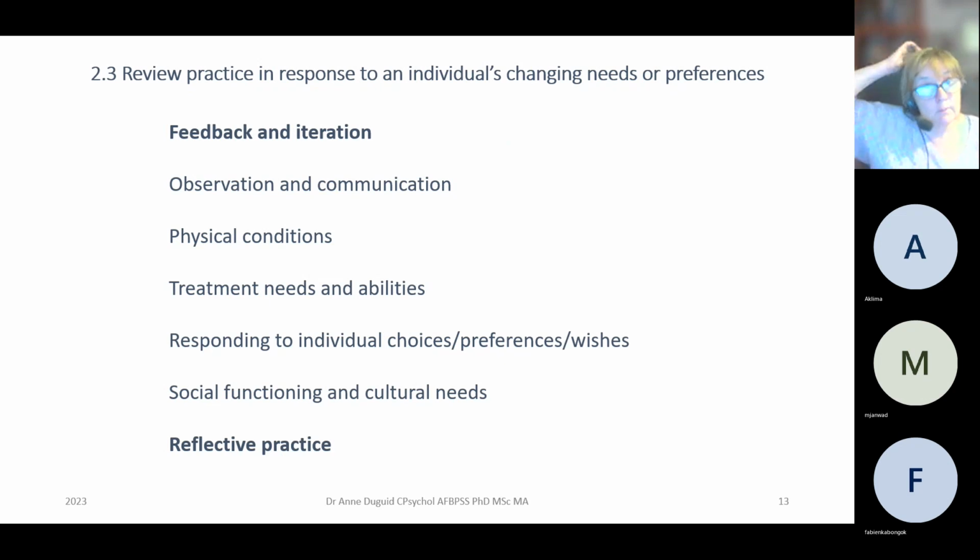Okay, so how are we going to review it? So feedback and iteration. Feedback and iteration is when we have an idea and we go out, we try it. So say I say to Mrs. Jones, here's toast in the morning.